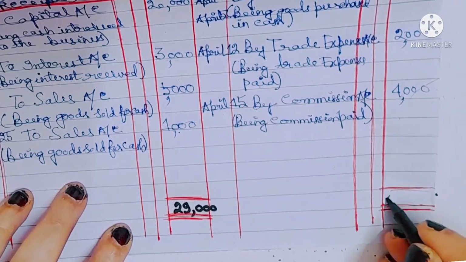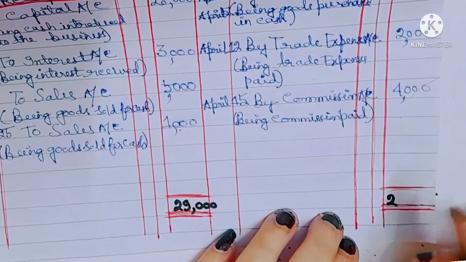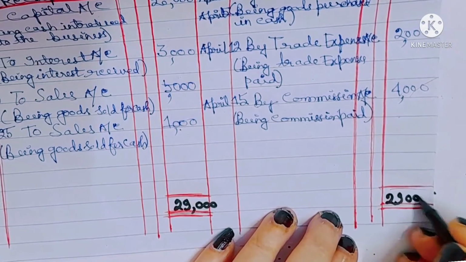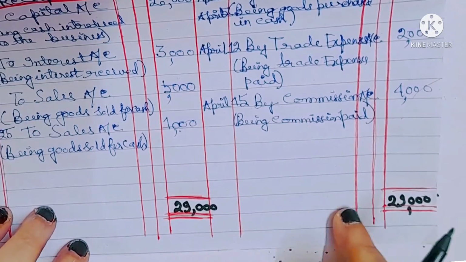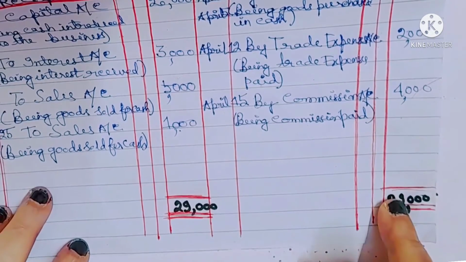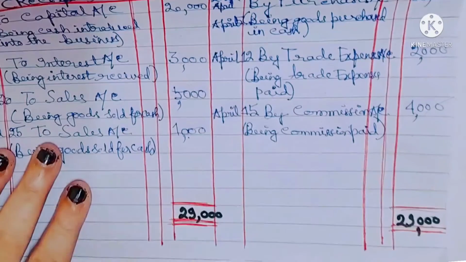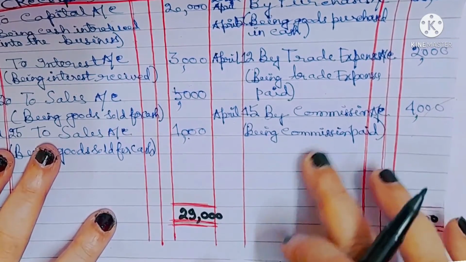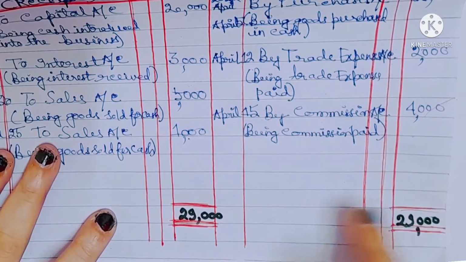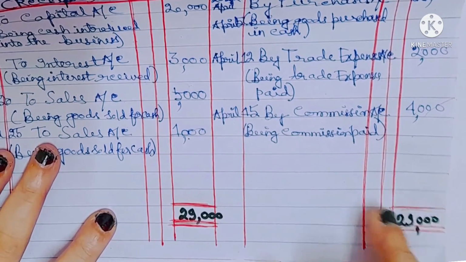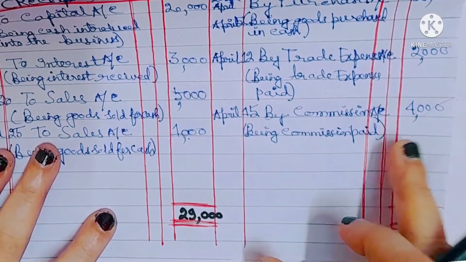So, we'll have to write 29,000 on both sides. But there will be a balancing figure on the credit side because the cash book is not balanced since there is a shortfall on the credit side.